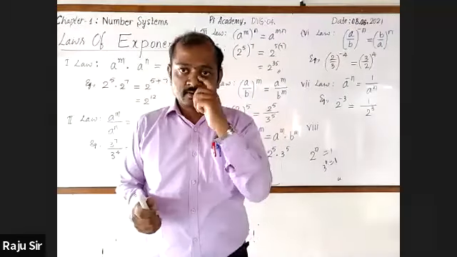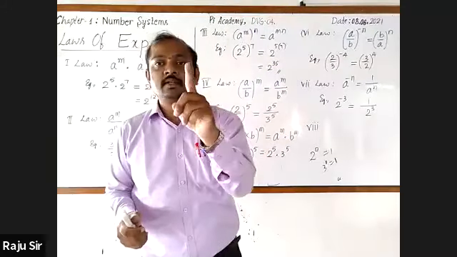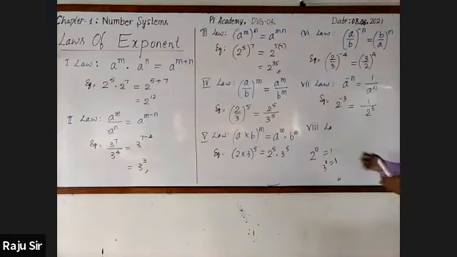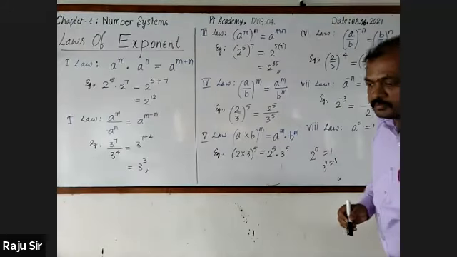From this we come to know that anything raised to the power 0 is always 1. I take that number as a. So a raised to the power 0 is 1. Sir, why 1, sir?